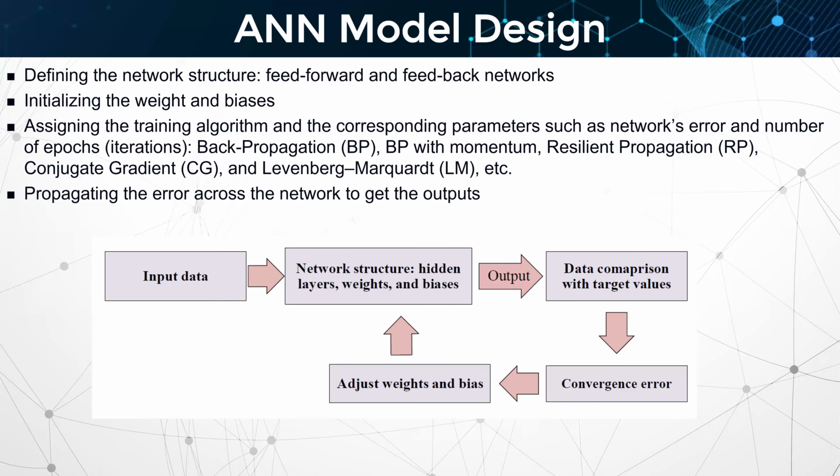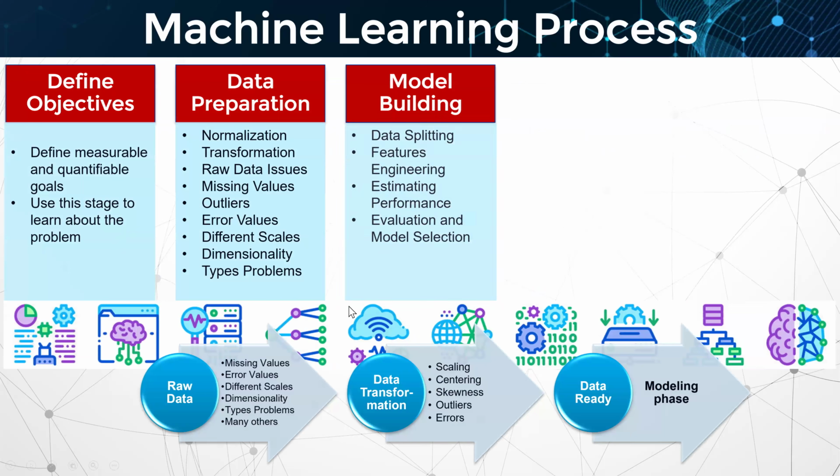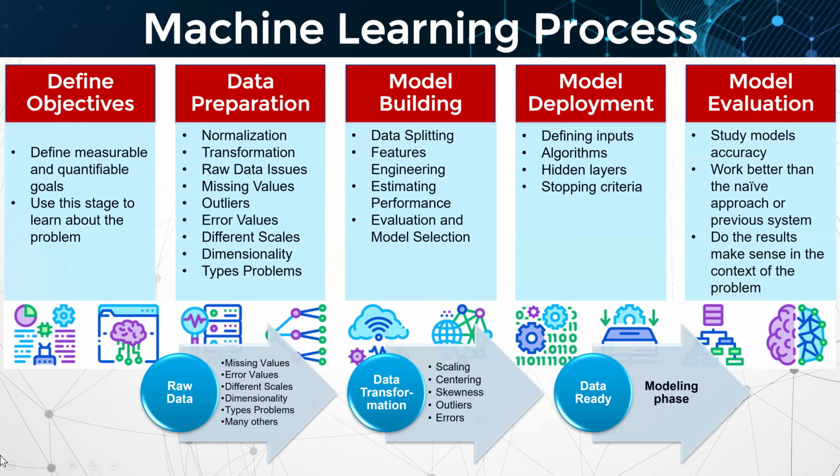Try to improve the network accuracy and the prediction capabilities. So the major steps, after definition of objectives and the set of inputs and outputs, are data preparation like data normalization, transformation, outliers, and so on. Use dimensionality reduction techniques. Build the model by assigning the structure of the model, number of hidden layers, number of inputs, and so on.